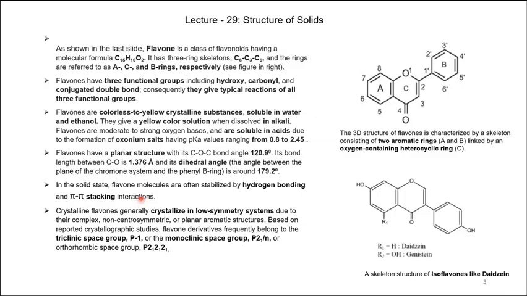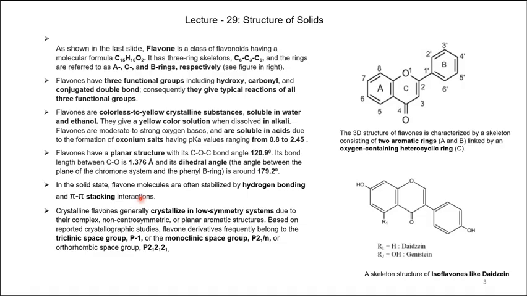We will see when we do the crystal structure that these flavonoids crystallize in low symmetry systems. What do we mean by low symmetry systems? Low symmetry systems means that it could be a triclinic space group, or a monoclinic space group, or at maximum an orthorhombic space group.